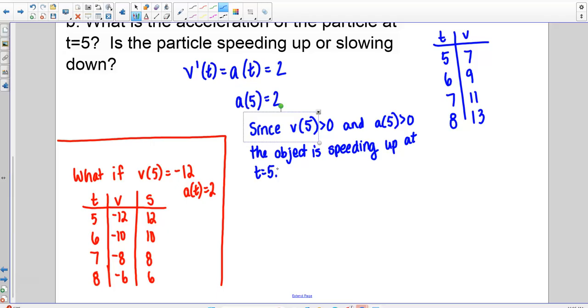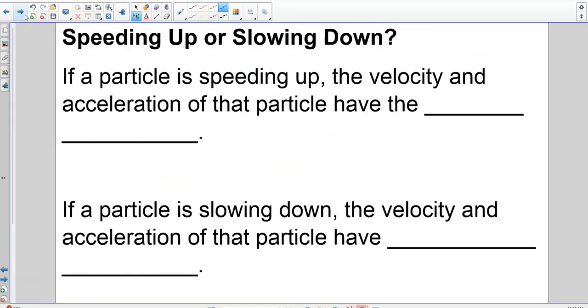So if you are asked the question about speeding up or slowing down, you have to think about velocity and acceleration. To make some conclusions to help us with that, I have a separate slide here. If a particle is speeding up, the velocity and acceleration of that particle have the same sign.